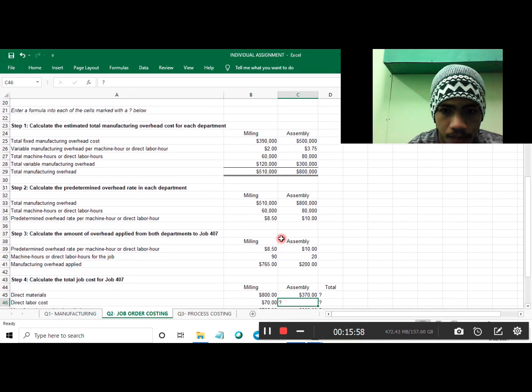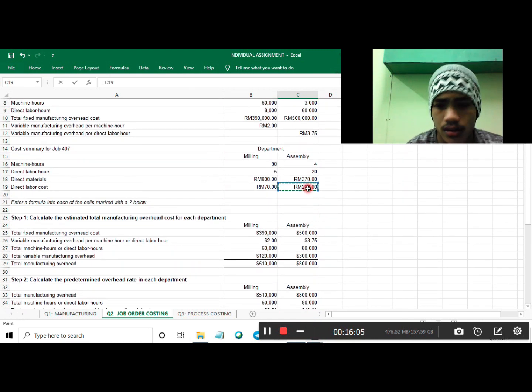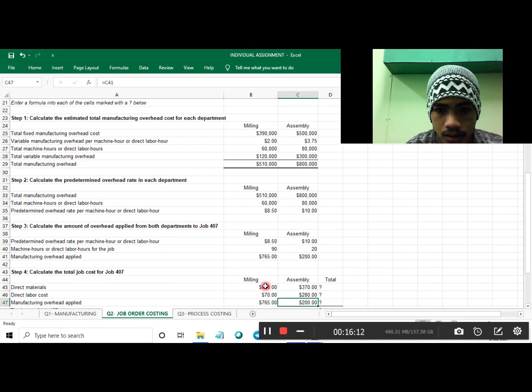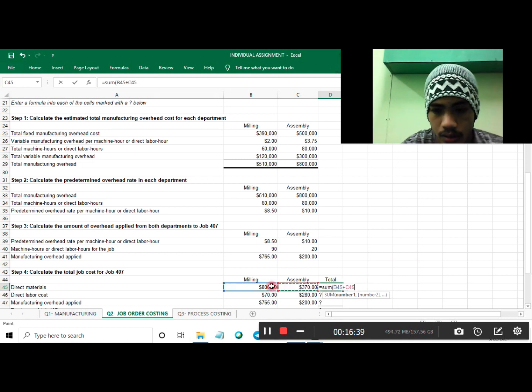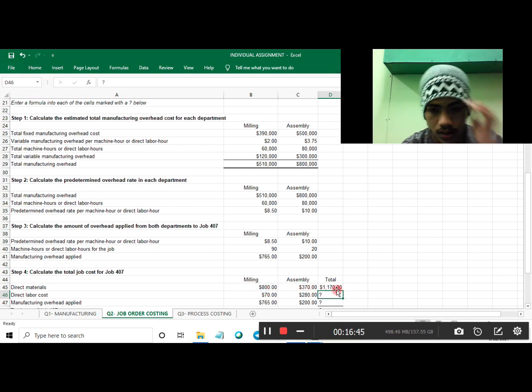And then for direct labor for assembly, 215 ringgit. And then to get the total of both departments, for mailing and assembly, we need to total it. So sum for mailing 800 plus the assembly department 370,000, so we get 1,117.